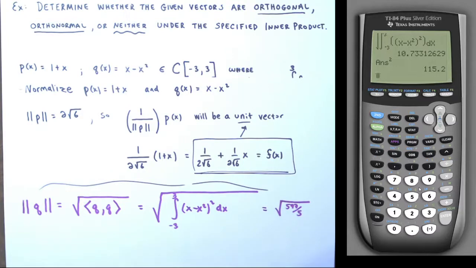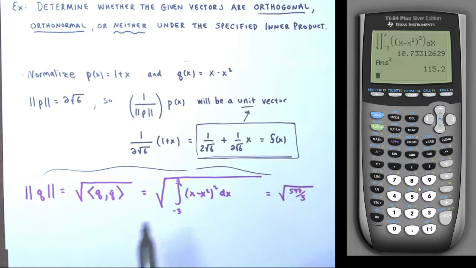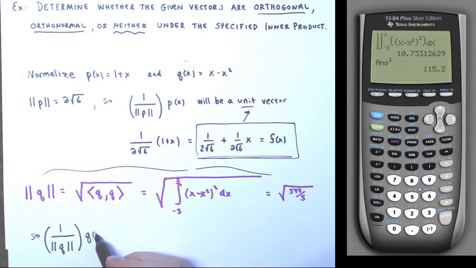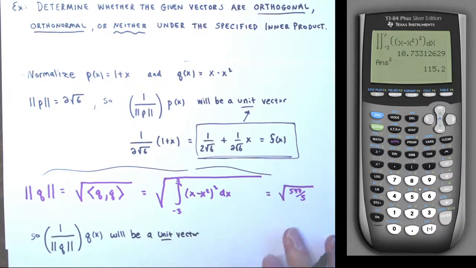So then 1 divided by the norm of Q, that scalar, the reciprocal of the norm of Q, times Q of x, this will be a unit vector. And let's see what that would give me.